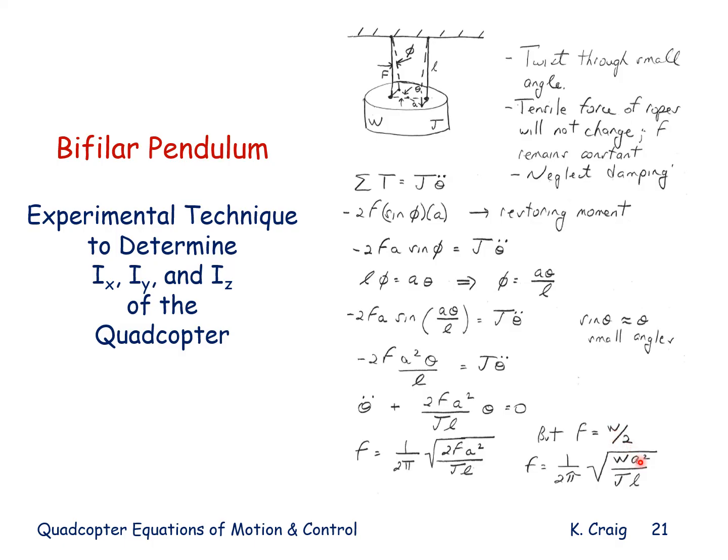I know a, I know L. I've measured f in cycles per second. I can then solve for J, which is the mass moment of inertia of this object about the z-axis through the CG. And I will do this for the quadcopter to find Ix, Iy, and Iz.